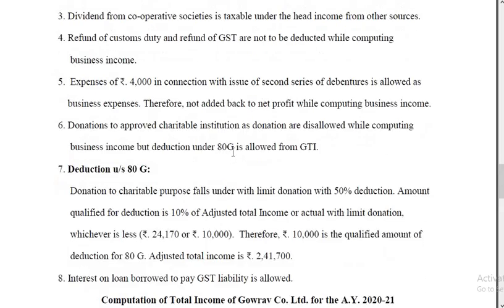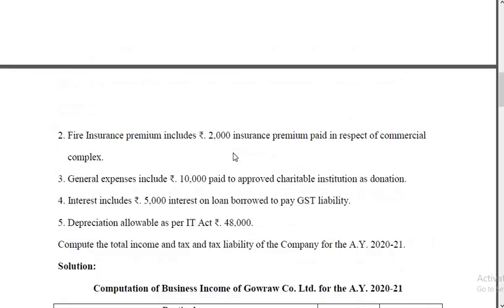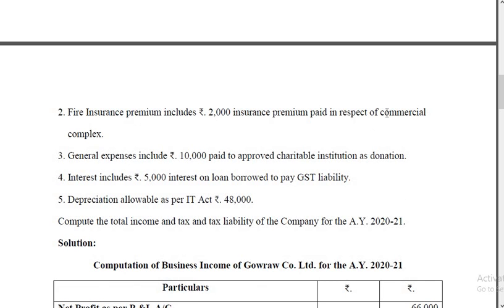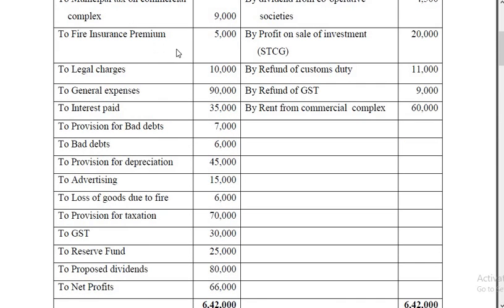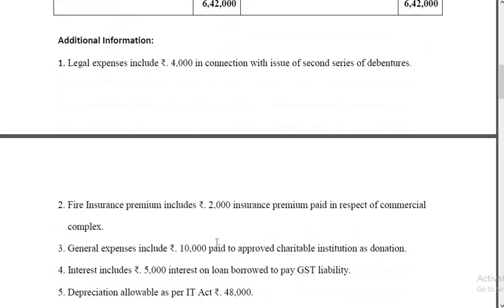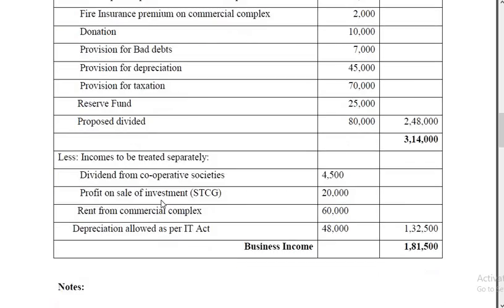Then repair charges you have learned. The fire insurance premium relating to the commercial complex is given as 5,000. Of that, 2,000 is relating to insurance premium and therefore that is added back.